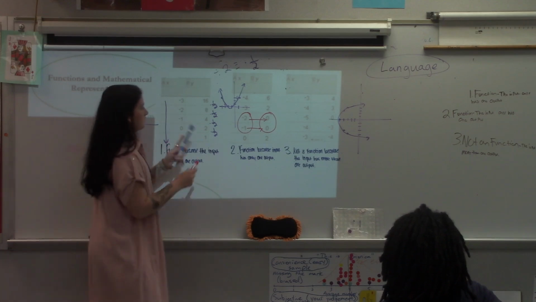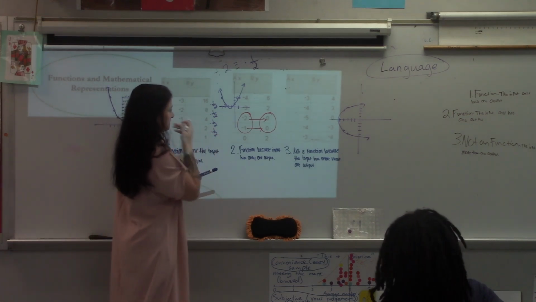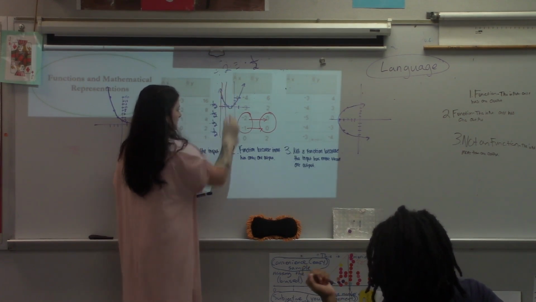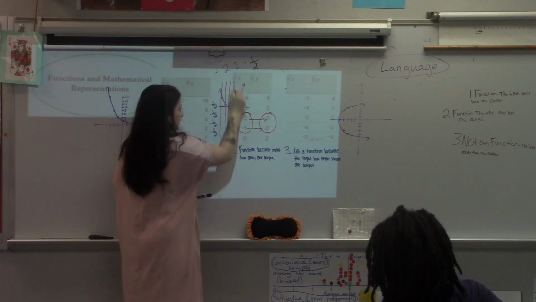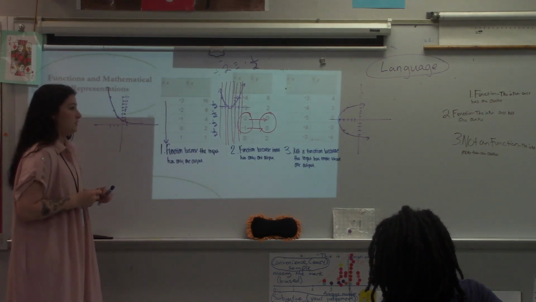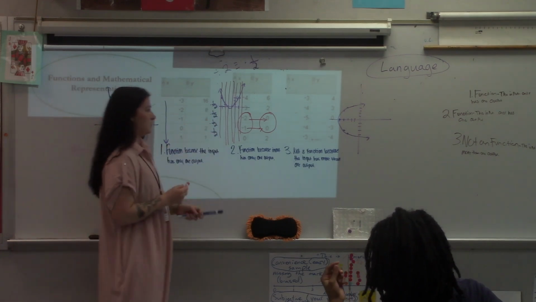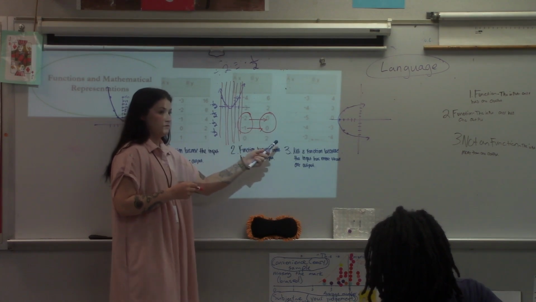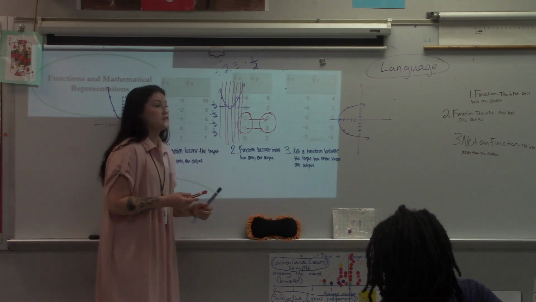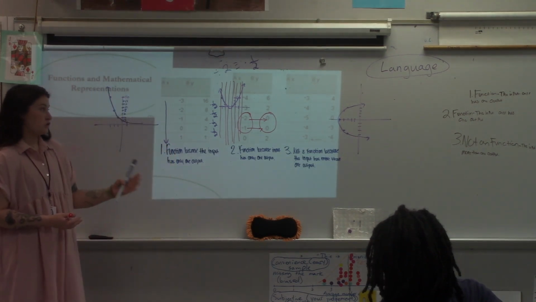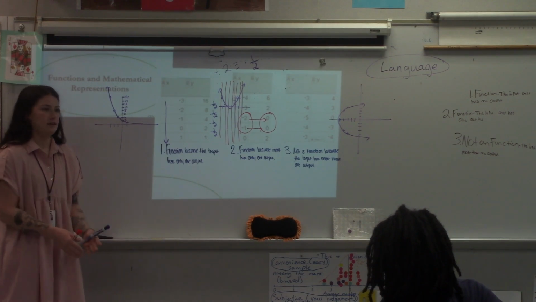Is there ever a point where, if I'm drawing lines, the line crosses through this figure twice? No. It only hits it once, because every input only has one output. Just because we have the same output for two different inputs, that's okay.